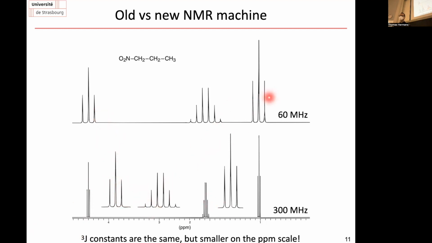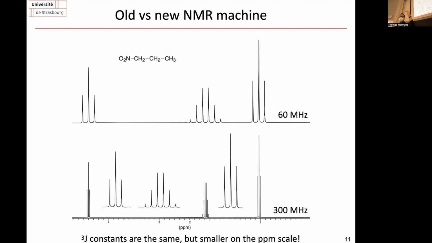It looks the same. So what's the point of having a 300 megahertz? With 60 megahertz, you don't need a superconducting magnet. You can just have a tabletop NMR. Well, if you get larger molecules, there will be many protons with different chemical shifts, and those things will start overlapping. You'll have like a sextet overlapping with a triplet overlapping with a doublet, and then it becomes a mess.